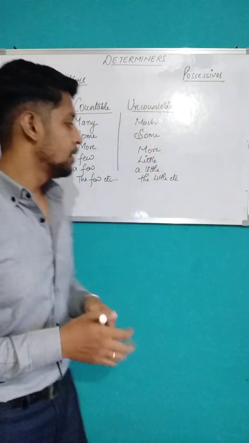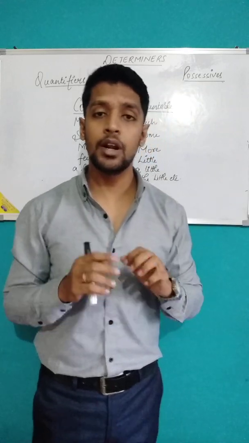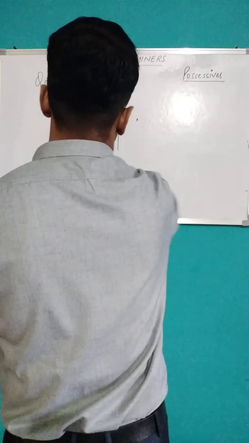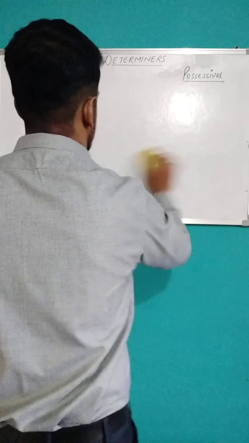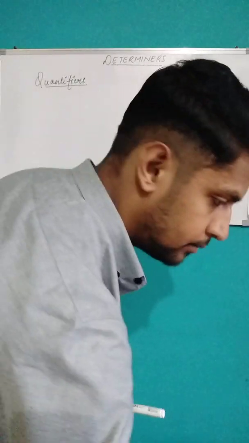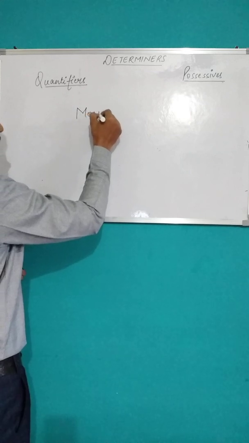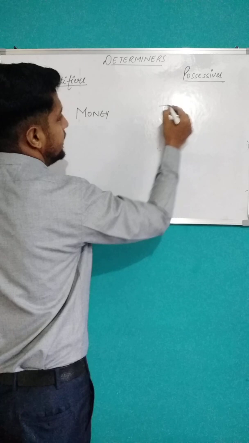Okay. Now there is a confusion between the two terms, whether they are countable or uncountable. Let's talk about them. Money and time.